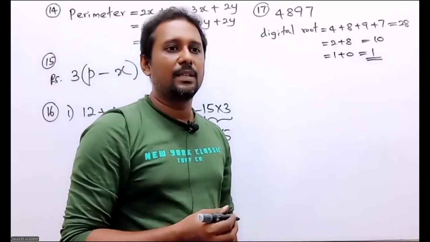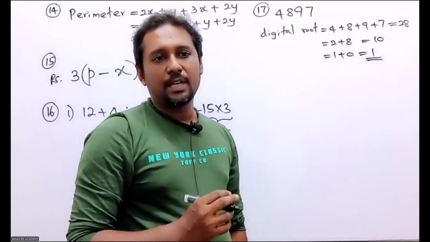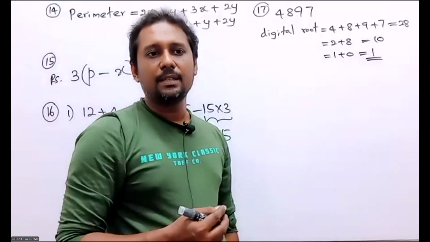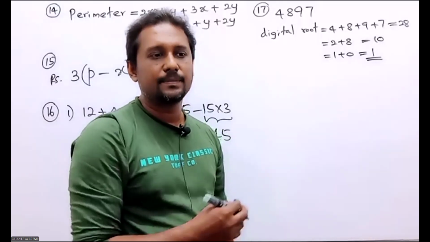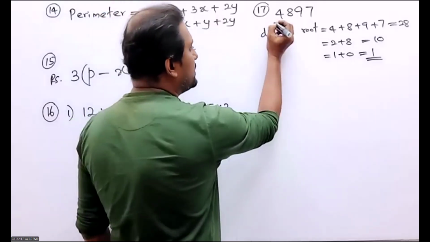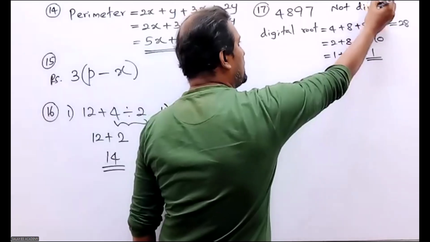So what is your conclusion? It is not divisible by 3. If a number is divisible by 3, the digital root should be 3, 6 or 9. Right? Then you can write not divisible.